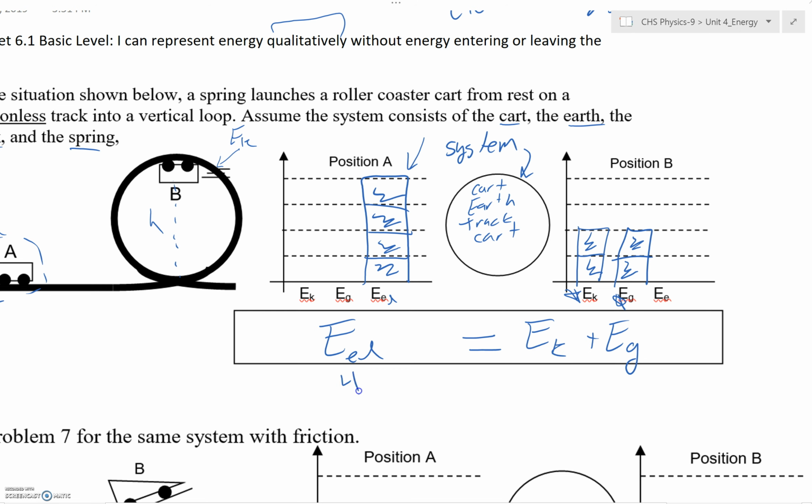Then if we want to do some elementary math to help us out, we've got 4 bars in the elastic account, and over here we've got 2 in the kinetic and 2 in gravitational. Look at that, our math works out: 4 equals 2 plus 2. Hey, how exciting. So there we go.